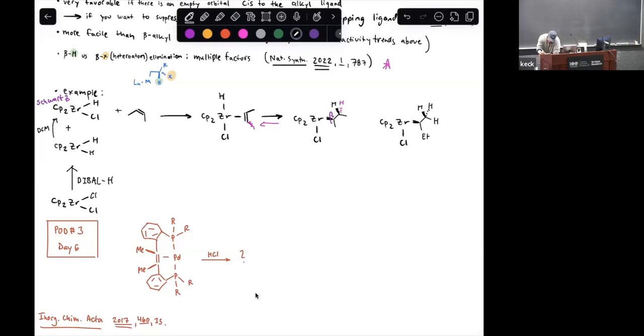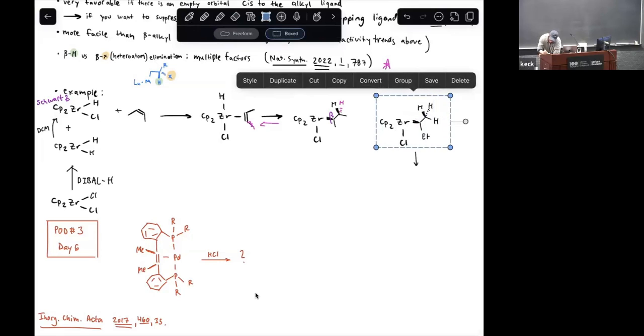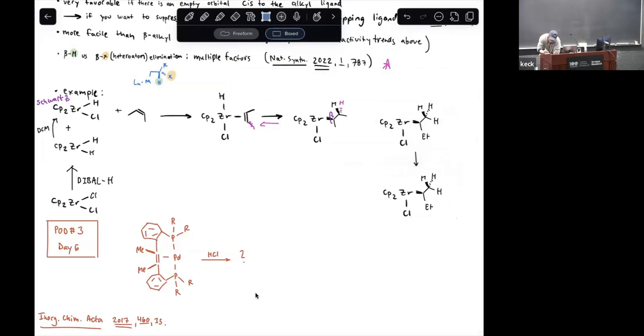So you said you're going to beta hydride eliminate from here. Let me draw this out with this open coordination site so that it's really clear.